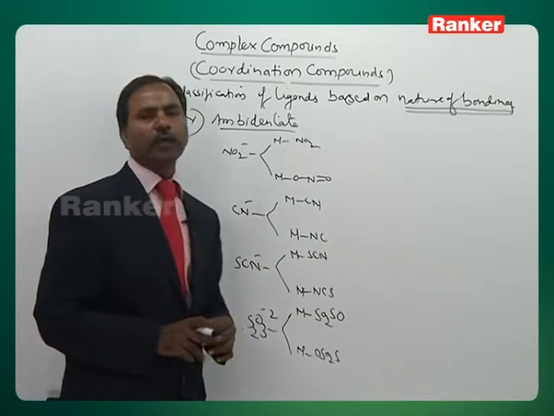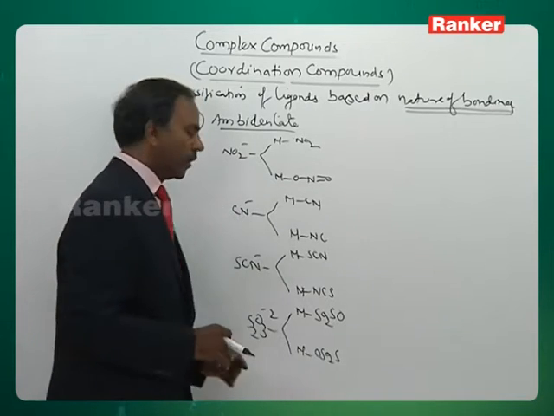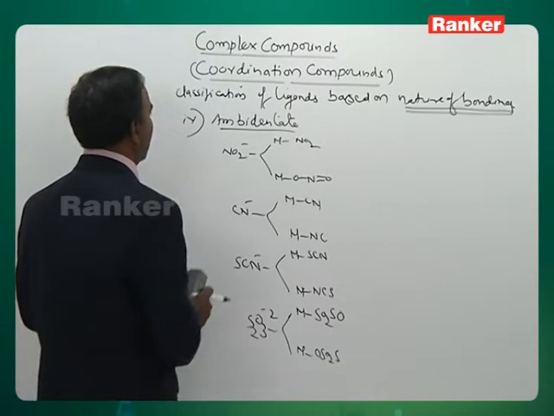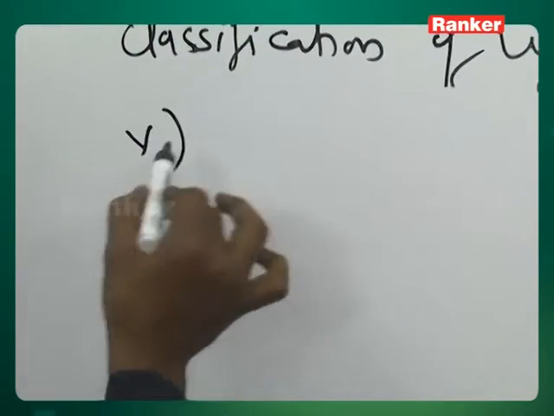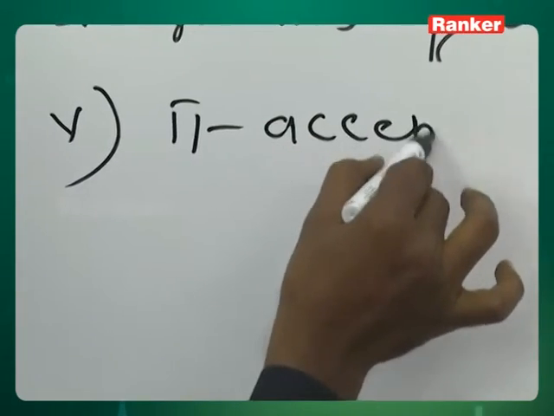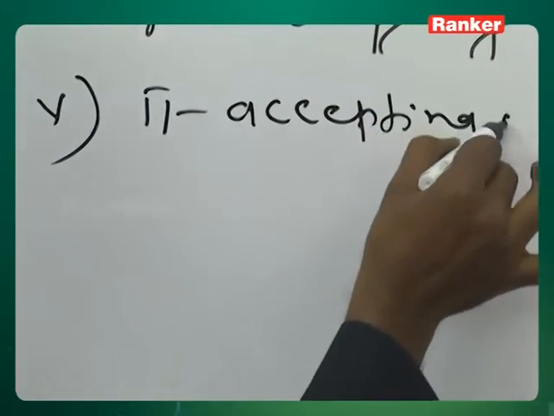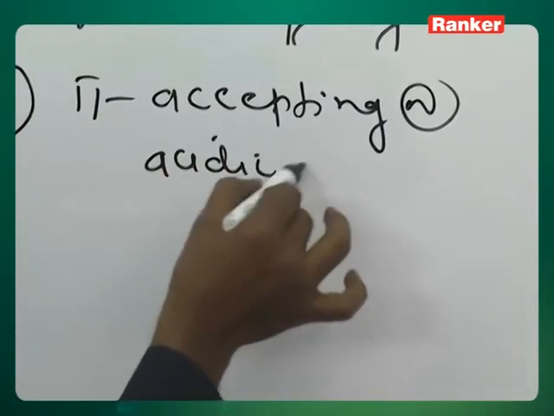Next type of ligand, let us see pi accepting ligands. These are again very important. This is the fifth type, pi accepting ligands, or we can consider these acidic ligands.